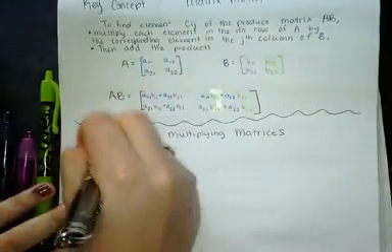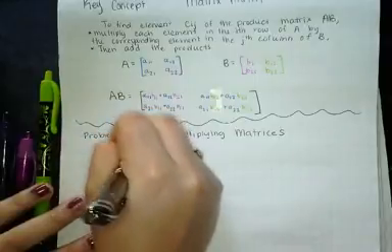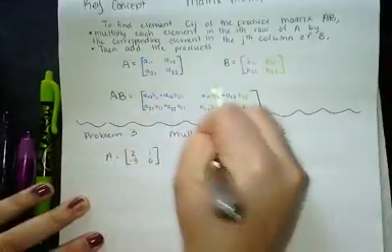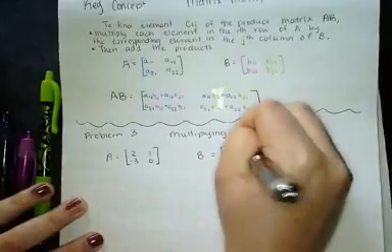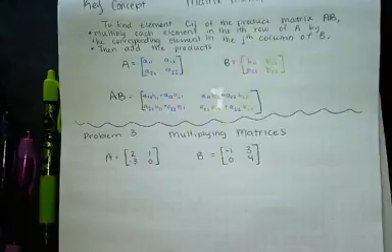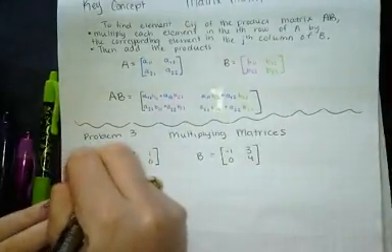Okay, and so if I tell you A is 2, negative 3, 1, 0, and B is negative 1, 0, 3, 4. And I want to know what is AB.